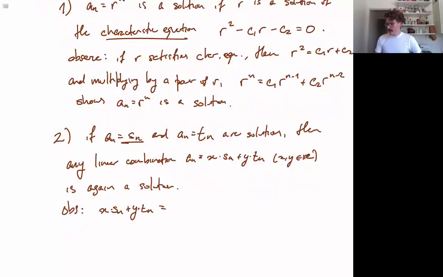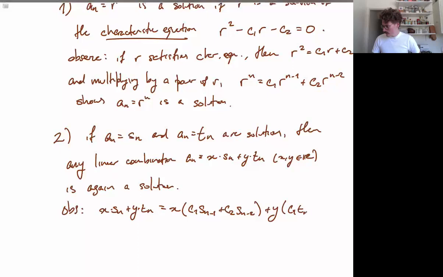Since s_n and t_n are solutions, we can go ahead and use the recurrence relation on both of these terms. And when we do that, we get x times (c1 s_{n-1} plus c2 s_{n-2}) plus y times (c1 t_{n-1} plus c2 t_{n-2}).